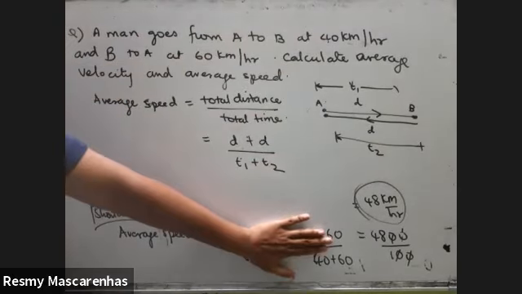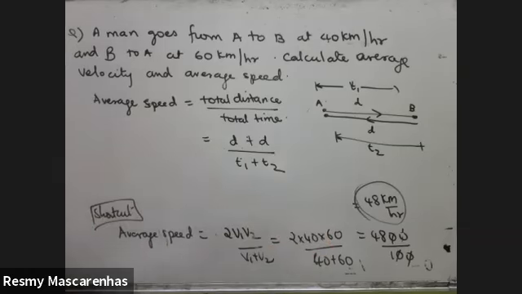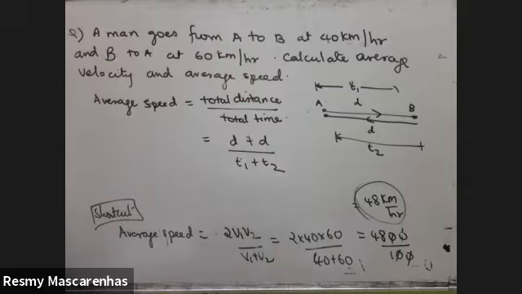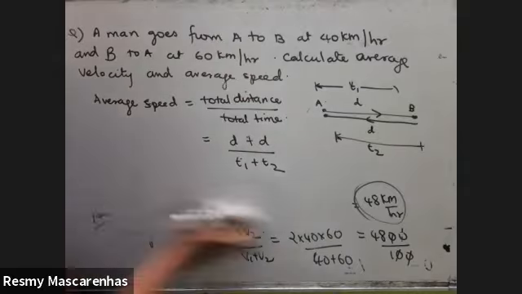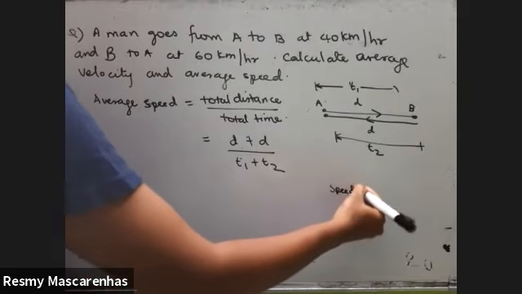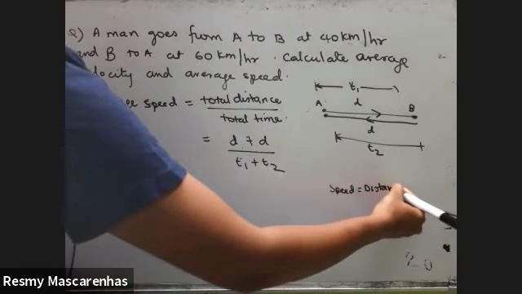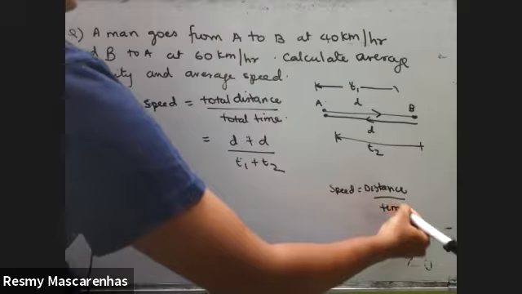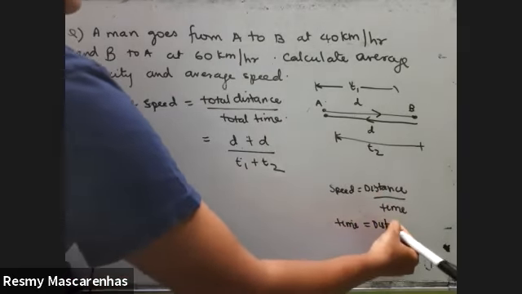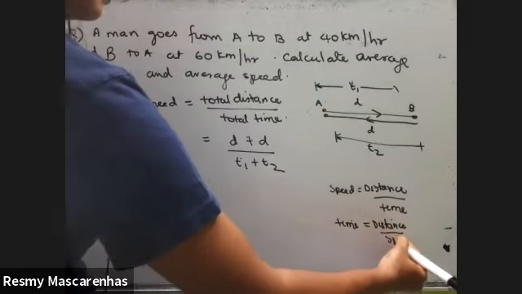Suppose we had not known this formula, then how to calculate? t1 and t2 are not given. So whichever I taught you in the previous problem, that formula. Speed is nothing but distance upon time. So time is nothing but distance upon speed.